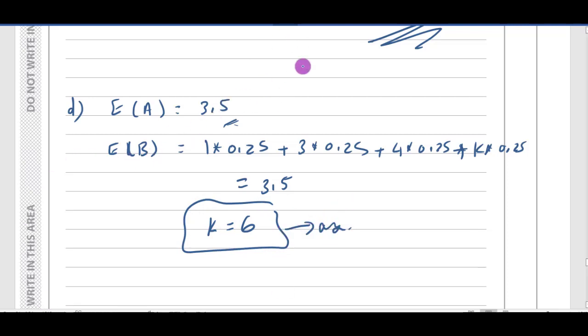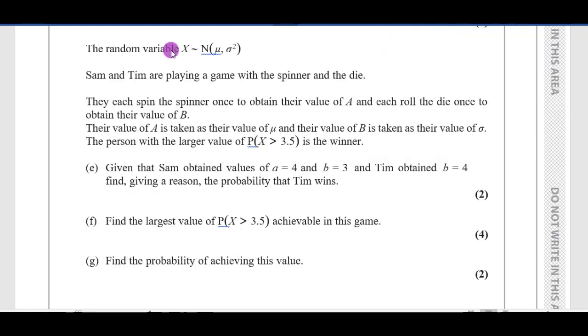Okay, let us go ahead. Now the random variable X. Sam and Tim are playing a game with the spinner and the die. They each spin the spinner once to obtain their value of A, and each roll the die once to obtain their value of B. Their value of A is taken as their value of mu, and their value of B is taken as the value of sigma.